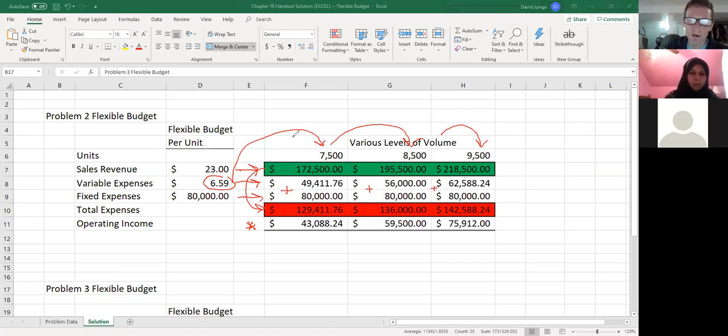Most of the time, you're going to go back to your contribution margin format. That's what I would suggest, because I think that makes more sense. If you were doing this internally, sales minus variable cost is contribution margin, minus your fixed cost would then give you your operating income. It's just a formatting issue. Okay, all right. So let me erase that.